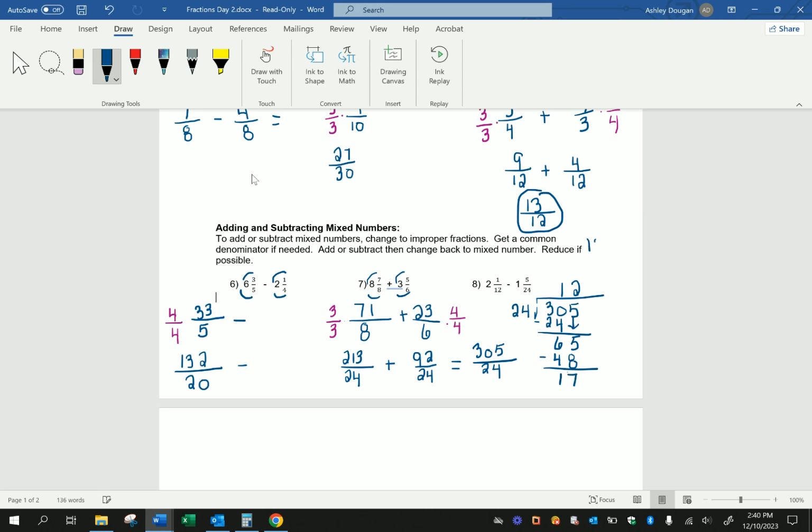And that makes my whole number 12, 17 is my numerator, and 24 is my denominator. So 12 and 17 over 24. And 17 over 24 is not going to reduce. 17 is a prime number and it doesn't go into 24. So that would be my final answer.